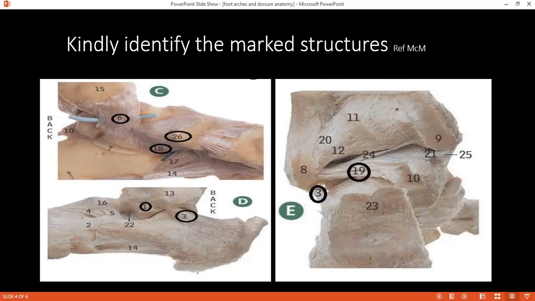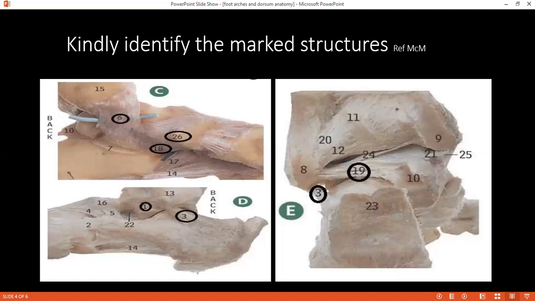Can you please tell me the attachments of the deltoid ligament? The deltoid ligament has 4 components: anterior talocalcaneal, posterior talocalcaneal, talonavicular, and cuboid. Are you sure you're telling me the right attachment?